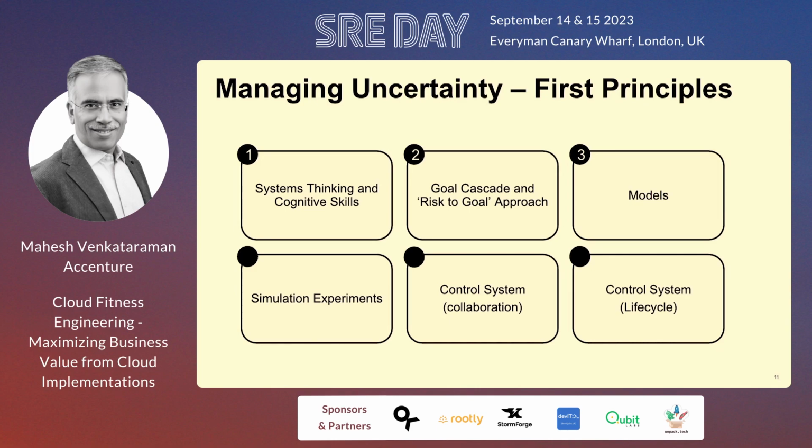And second, there has to be a goal cascade from the business goal all the way down, I'll explain that. And third is continuous modeling of behavior. Again, I will explain. Fourth is simulation experiments. I think one of the speakers spoke about simulation. Fifth is a control system in the process, so that we have continuous feed forward and feedback.